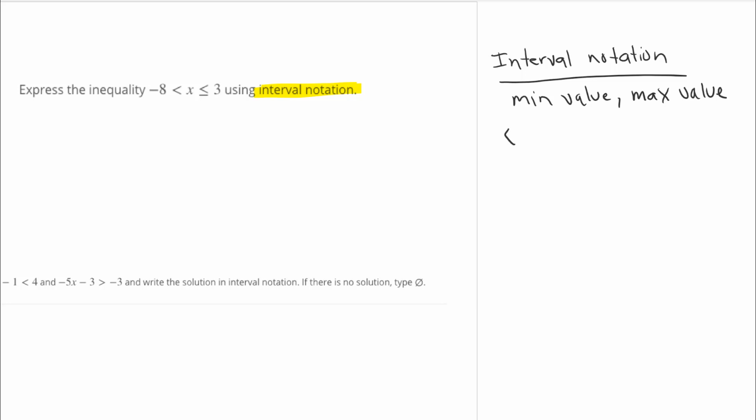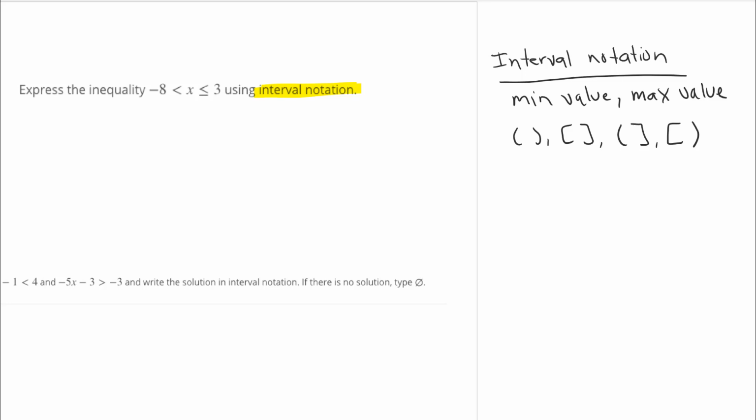And it's either going to have parentheses or brackets, or a combination of parentheses and brackets. Okay. Kind of just depends on the situation.